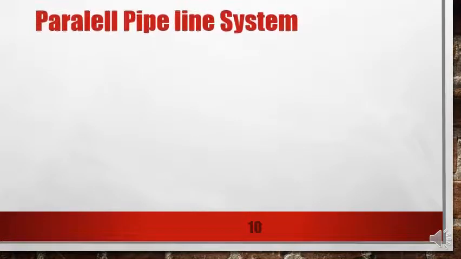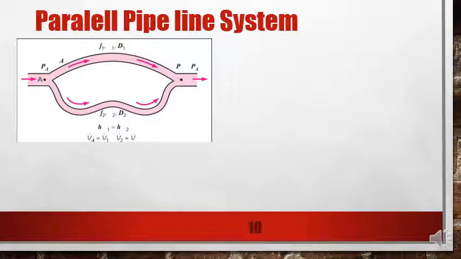So what is a parallel pipeline system? Okay, it may look like this. For example, from one source, you have a junction and then you divide the flow into two or three or more channels, or more flow paths.